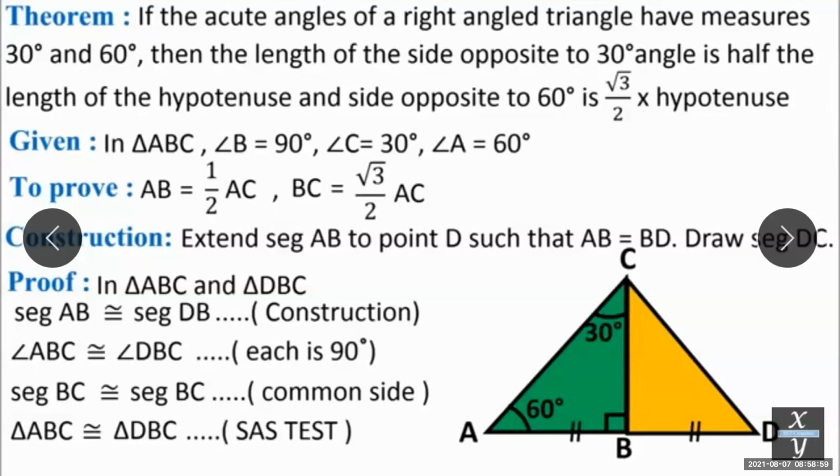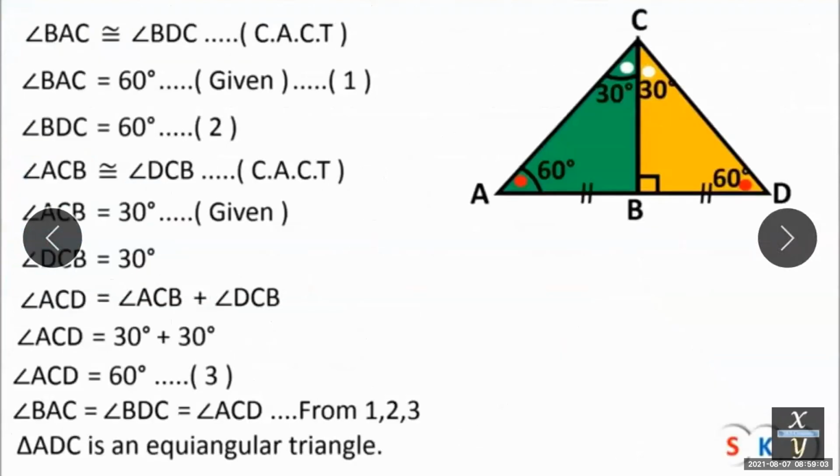to each other. Okay, so by using that, we can write angle BAC congruent to angle BDC. That means angle A, the middle vertex, and angle D are also congruent to each other.